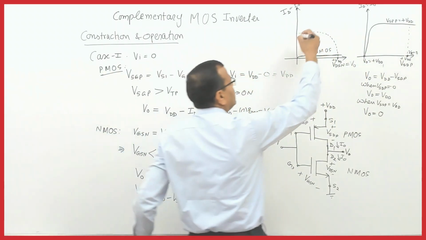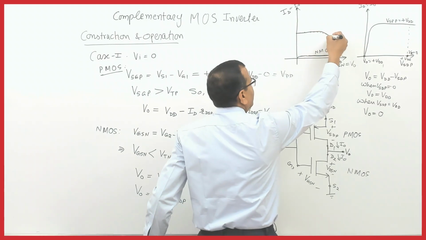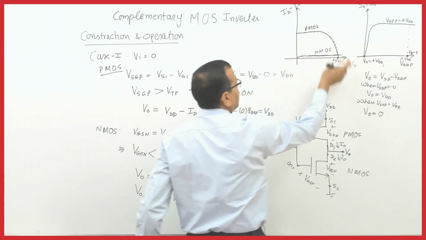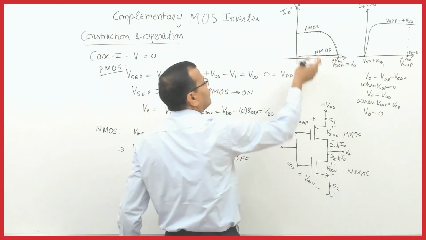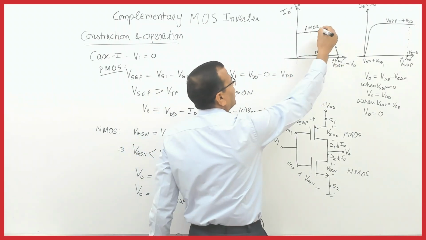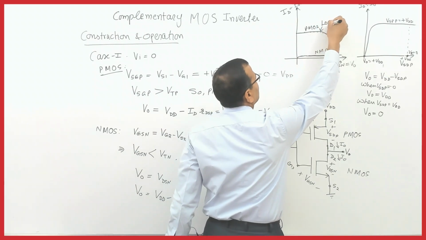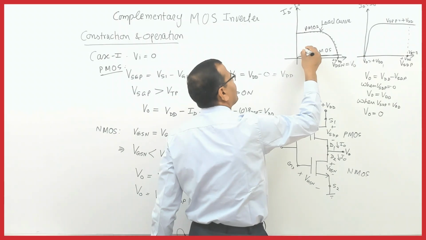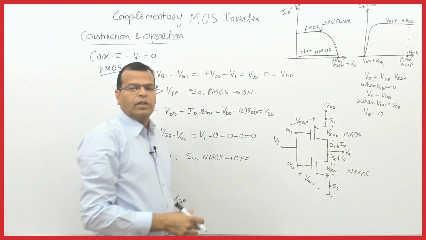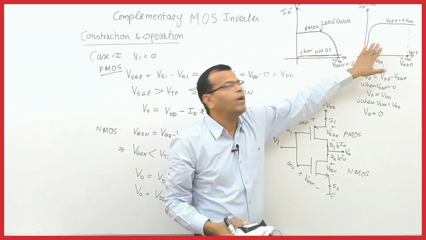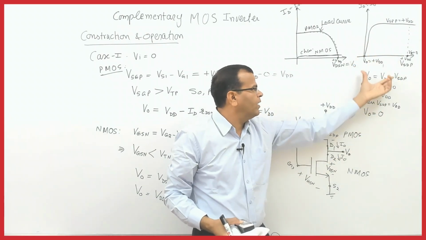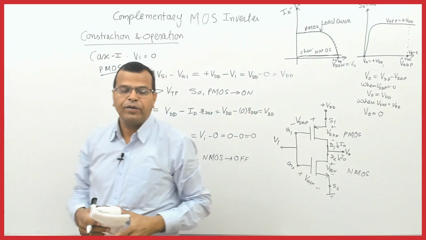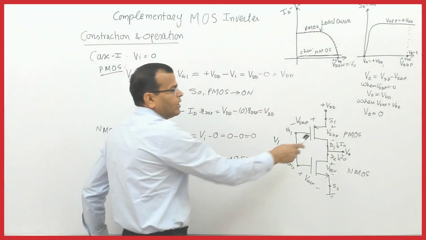So this is the characteristic for PMOS. Which characteristic? That is for CMOS we can say. That is known as load curve. We will call this as load curve. And this is of course the characteristic of NMOS. So this is the characteristic of PMOS, but when it is inverted by using this for V0, we will call this a load curve, not the characteristics. And remember, both are connected in series.